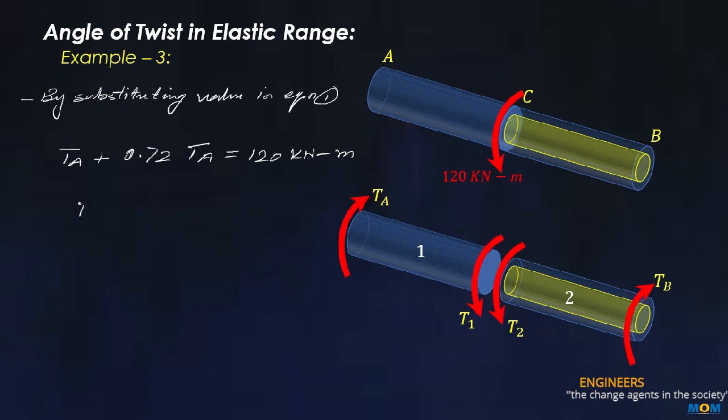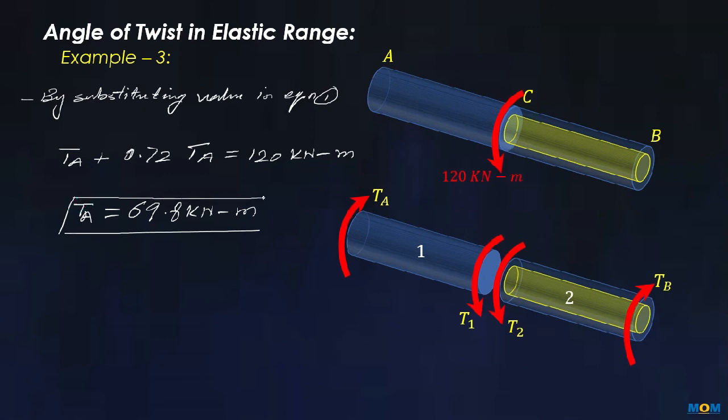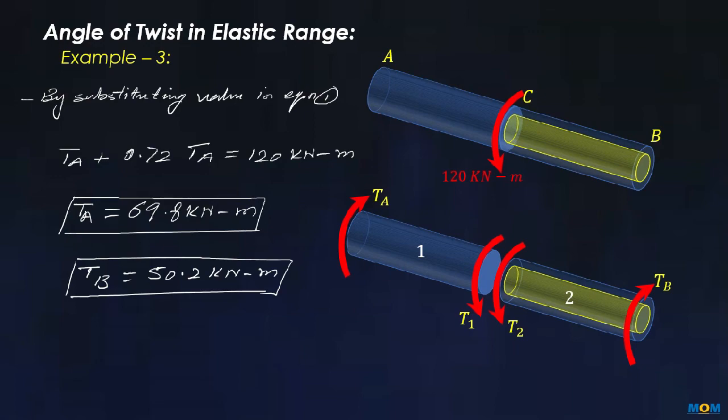So the value of TA comes out after solving this, 69.8 kilonewton meter. Now again using this value in equation 1, we can get the value of TB, that is 50.2 kilonewton meter. With this we end our discussion here.